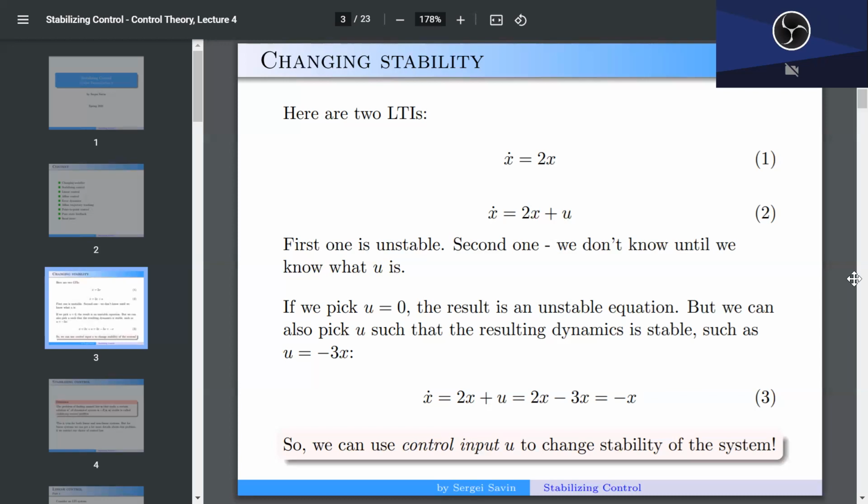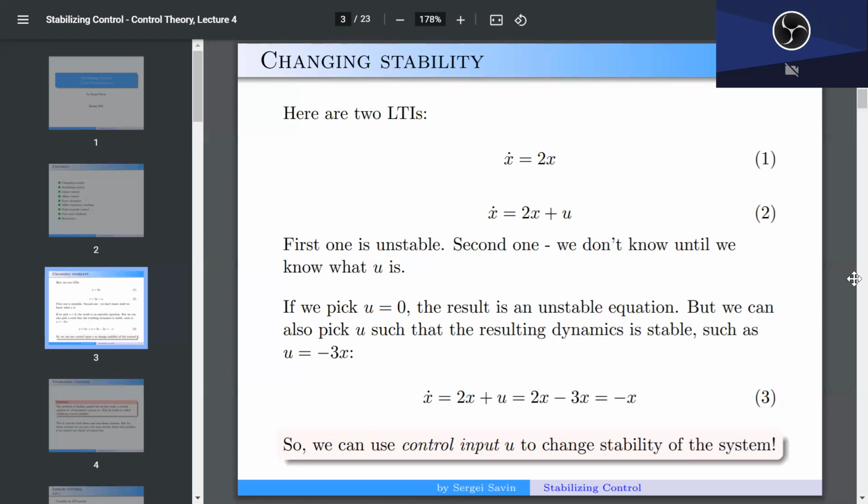Is it unstable or is it stable? Unstable? How do you know? The solution will diverge, but how do you know? Intuition. Can you calculate? Maybe we can use the criterion here.